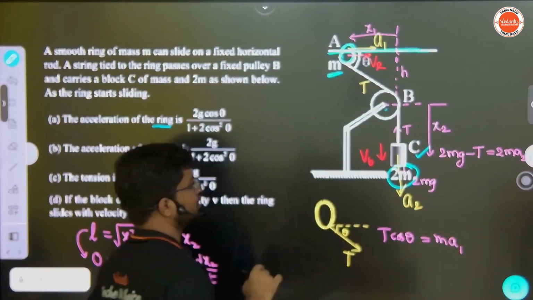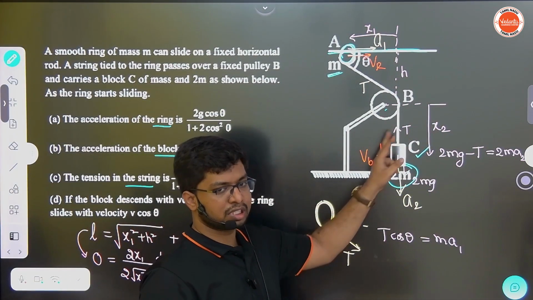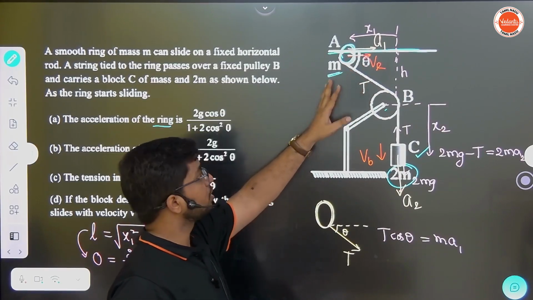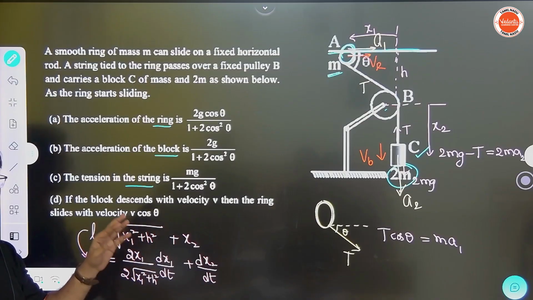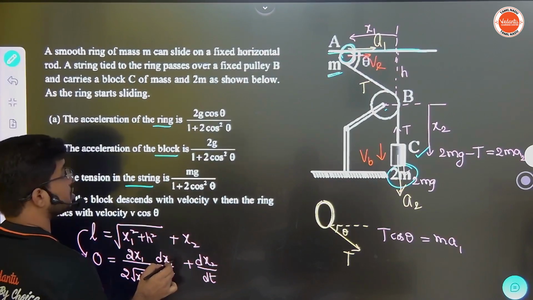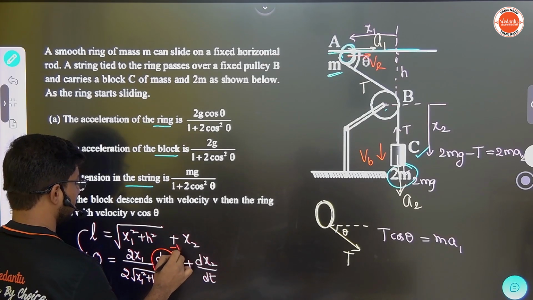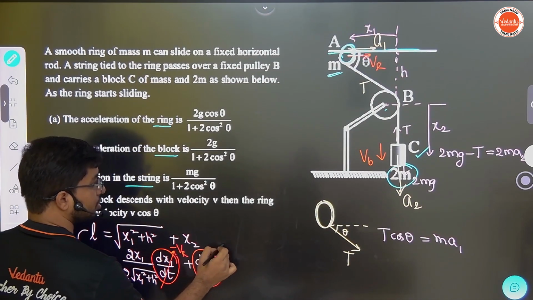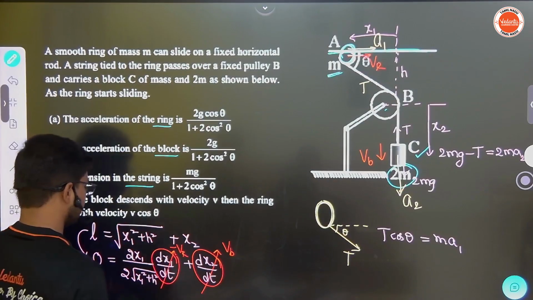Velocity of the block and x2 I took in the same direction, and vr and x1 in the opposite direction. That means in place of dx1 by dt, I should write minus vr, and in place of dx2 by dt, I should write vb.